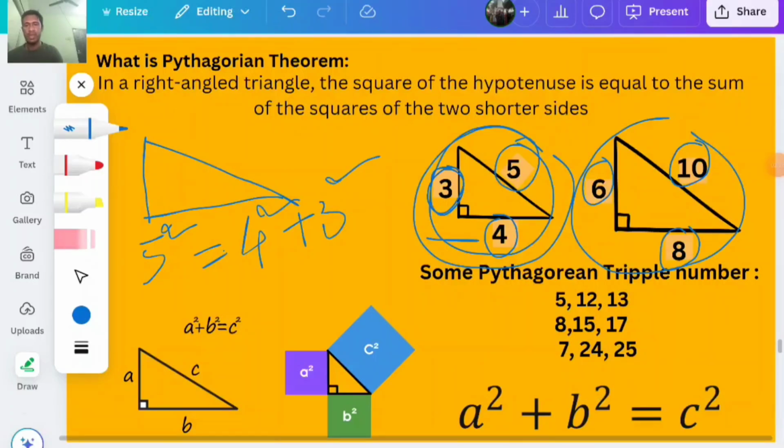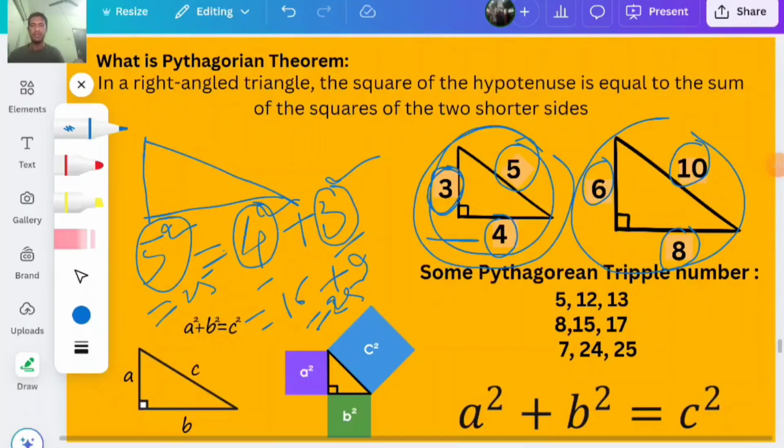If we add the square of 4 and the square of 3, then we will get 16 plus 9 equals 25, and here 5 square is also 25. So the square of the hypotenuse is equal to the square of the base and the square of the height or perpendicular.